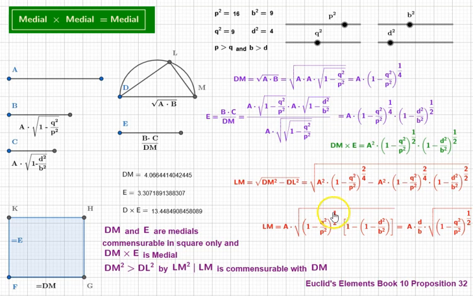So this gets simplified. A square is common to both of them, so we can take it out and then take it out of the square root itself, so that we are left with A. A times, now here (1 minus q square by p square) to the power of 1 by 2 is common to both the terms.